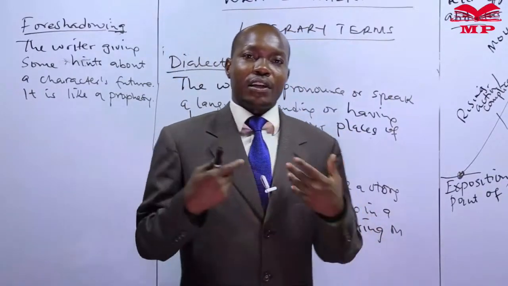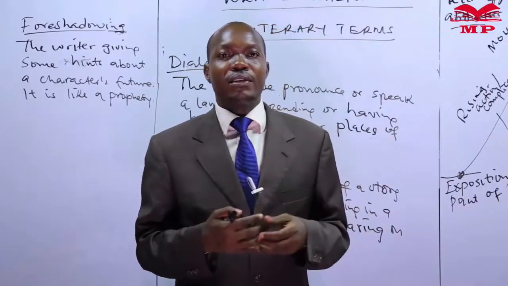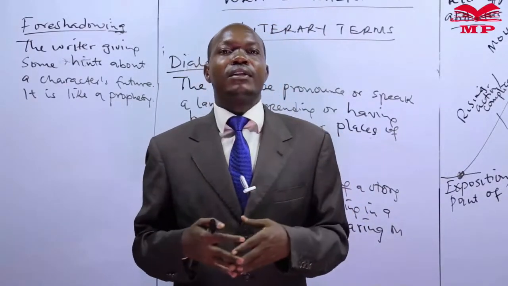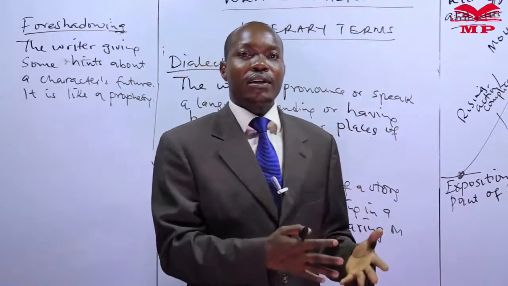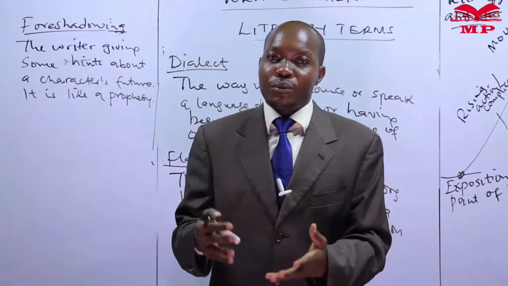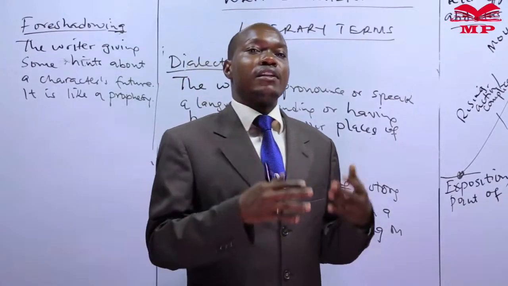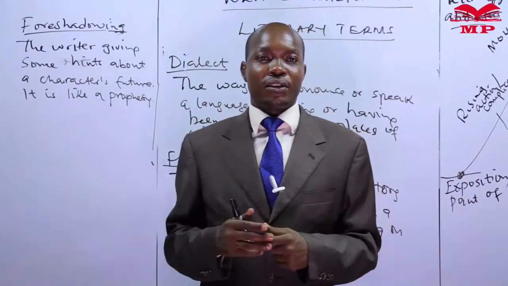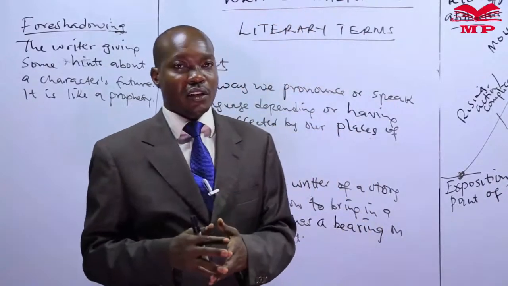There is person against self, whereby you have many voices in your mind that are not agreeing. Then there is person against community, whereby a character disagrees with the views held by a community. Lastly, there is person against nature, whereby a character is fighting forces of nature.